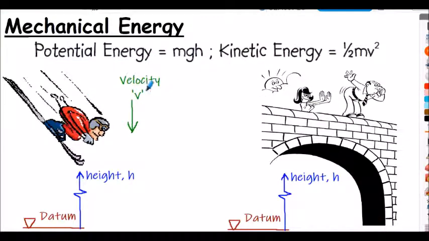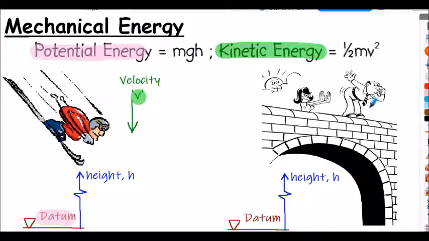Here's a couple of scenarios where potential energy is transferred into kinetic energy. Considering the scenario on the left here with the downhill skier, if we take the datum, say at the bottom of the mountain, then the skier will have potential energy relative to the datum at the top of the mountain. As the skier travels down the mountain, the potential energy will transfer into kinetic energy as the velocity increases.